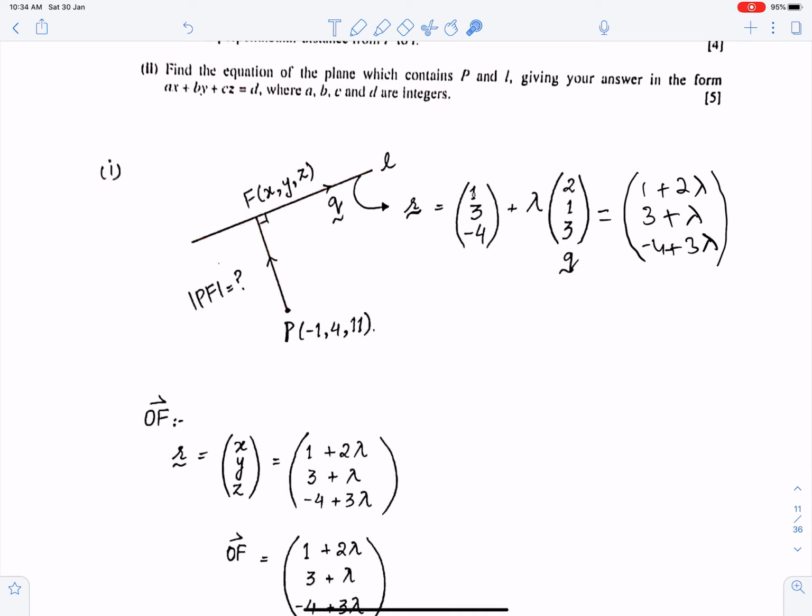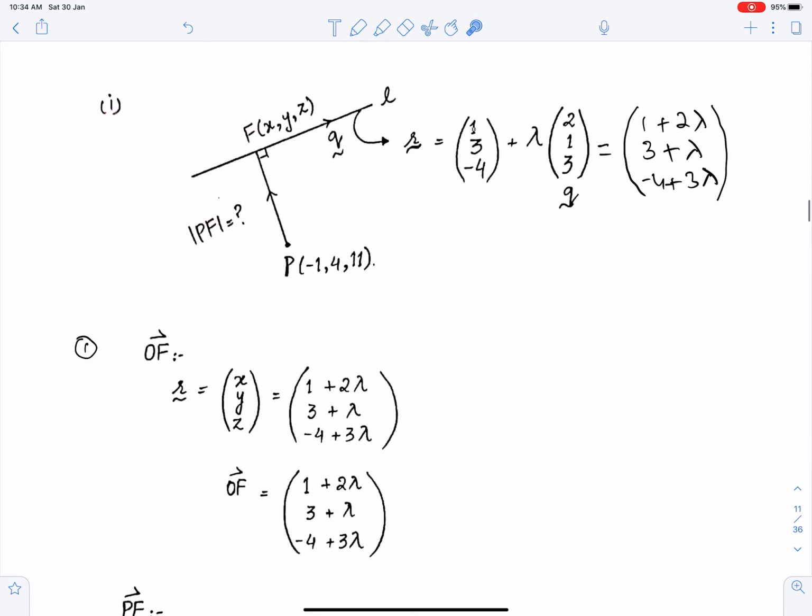F is unknown. I told you there are three main steps. Number one, work for OF. This is step number one. First get OF. Since F is unknown, replace R by OF. So you can say this is OF.